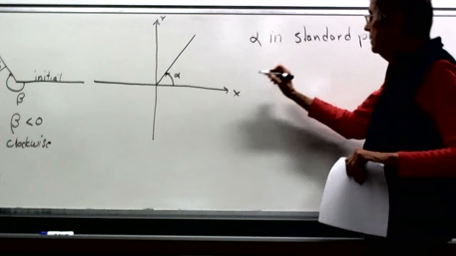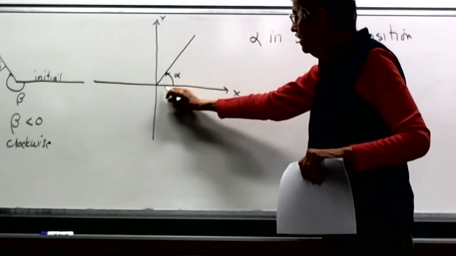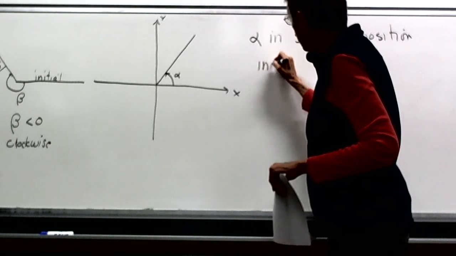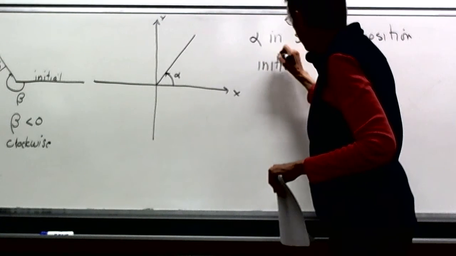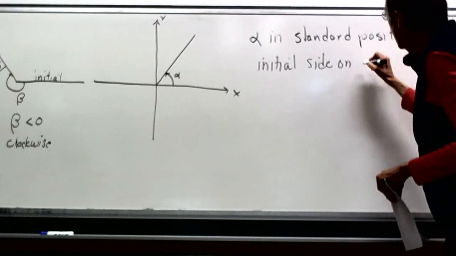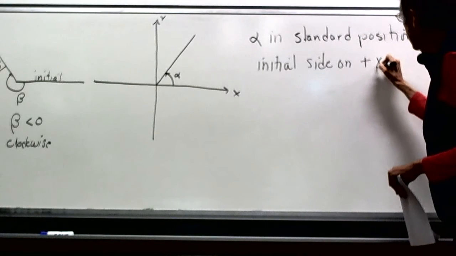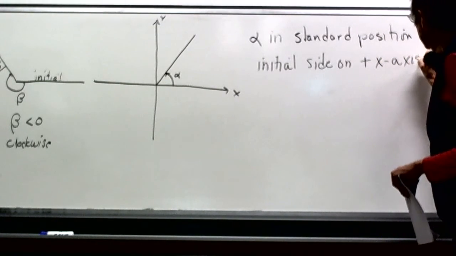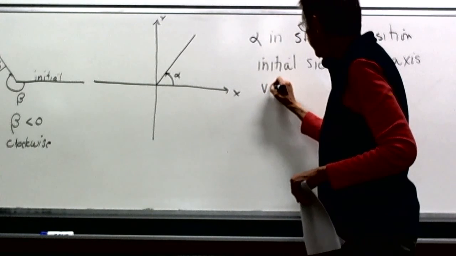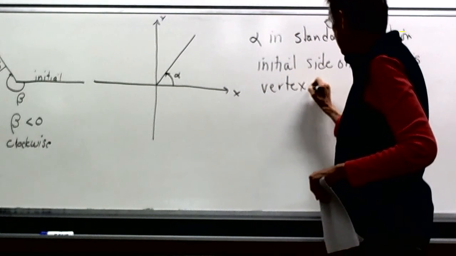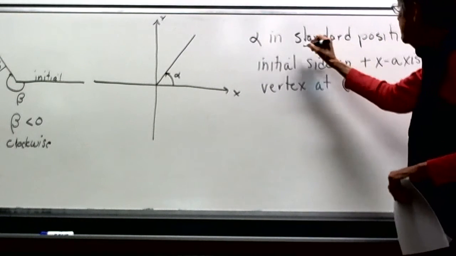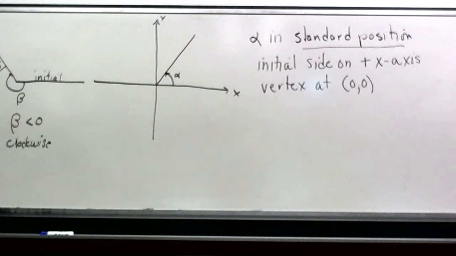And that means that the initial side is on the positive x-axis. The vertex is now at the origin. And so we say that alpha is in standard position.